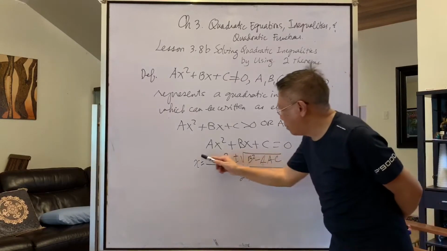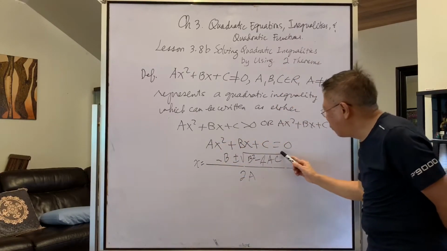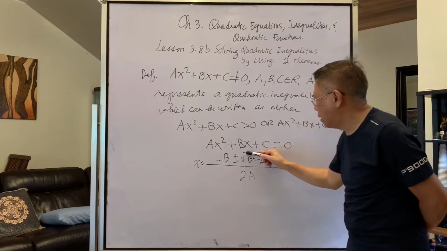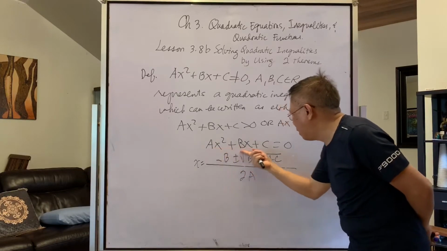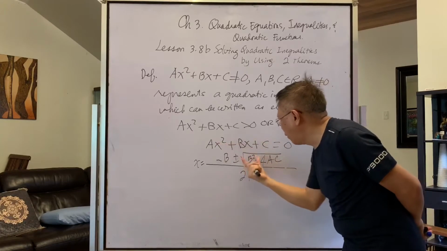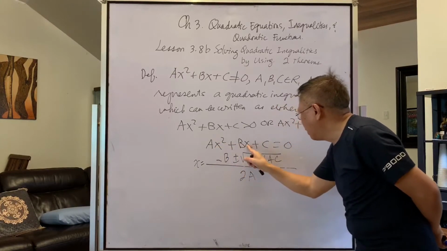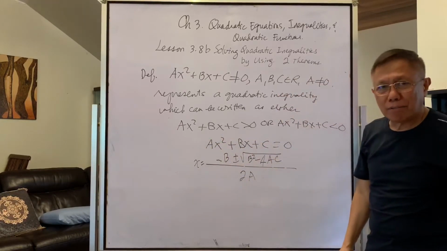This is the solution to this equation, meaning that these values here, negative b plus or minus square root of b squared minus 4ac over 2a, will satisfy this equation. If you substitute these values here one at a time for x, then the left hand side becomes 0.